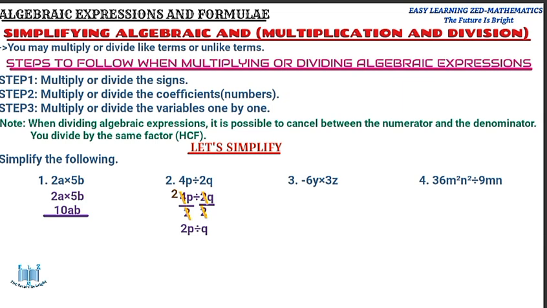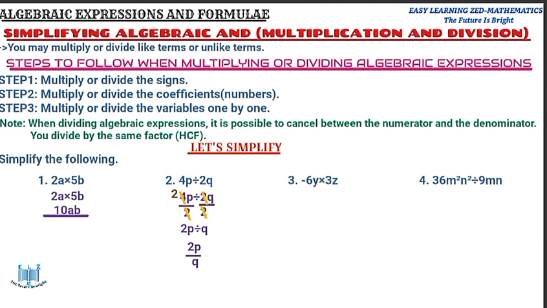Now you can see that these cannot be further divided. We have p there and q cannot be further divided. So we can just write it as a fraction, 2p over q. So now we have simplified this expression to 2p over q, which is the same as 2p divided by q.